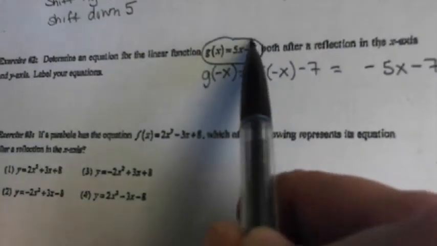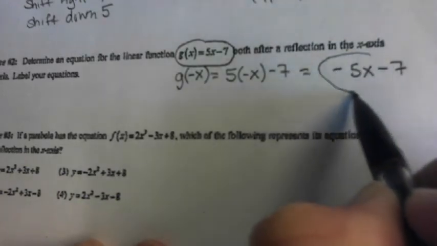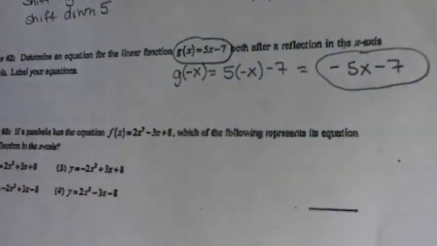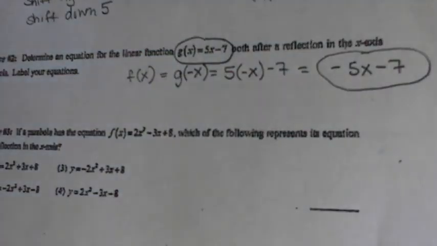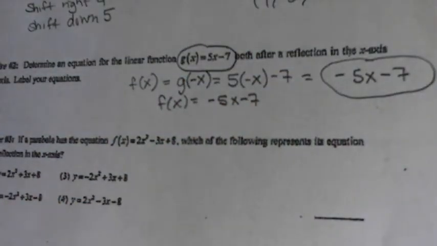So if that's your original function, here's the equation for a horizontal reflection first. Okay? So far, so good? So let's call that f of x. So g of x is my original. f of x is going to be the image of that after a horizontal reflection.